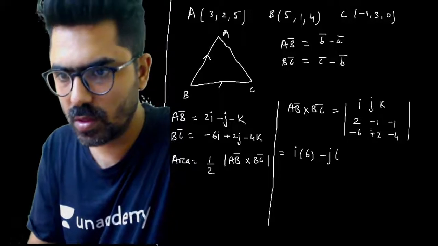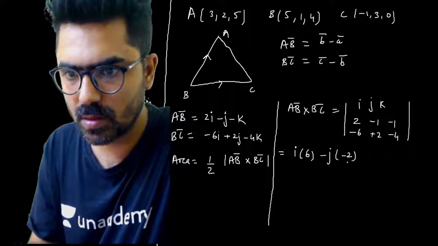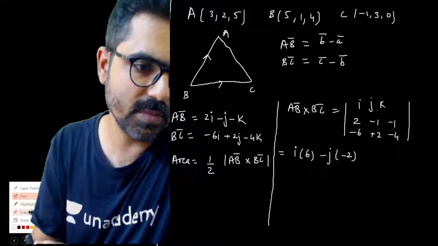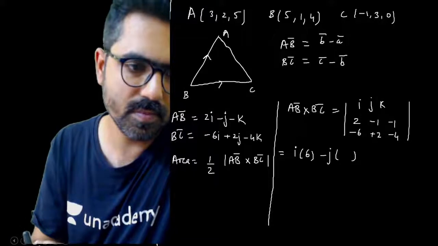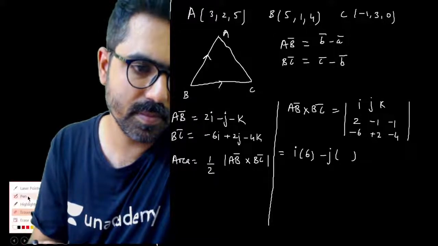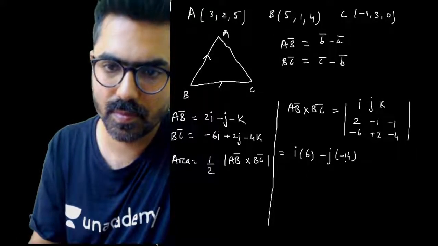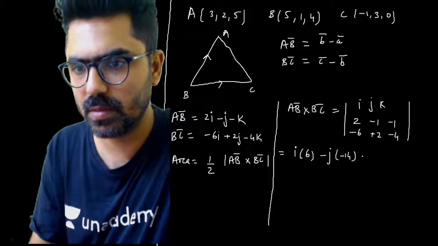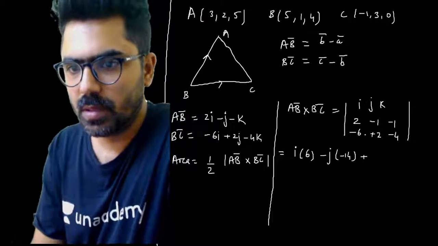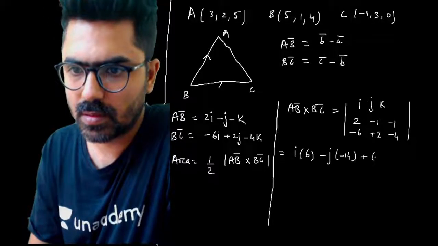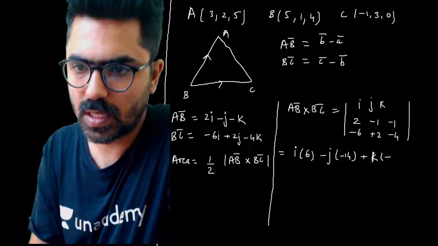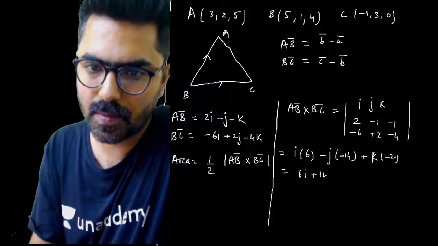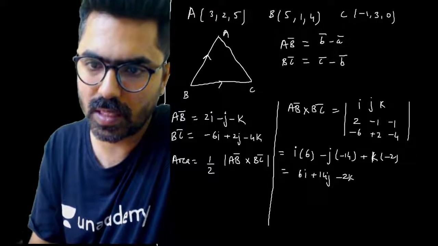Then minus j into -8 plus 6, that is -8 minus 6, which is -14. So this part again, -8 minus 6 gives minus 14. k is 4 minus 6, which is minus 2, so k into -2. So 6i plus 14j minus 2k.